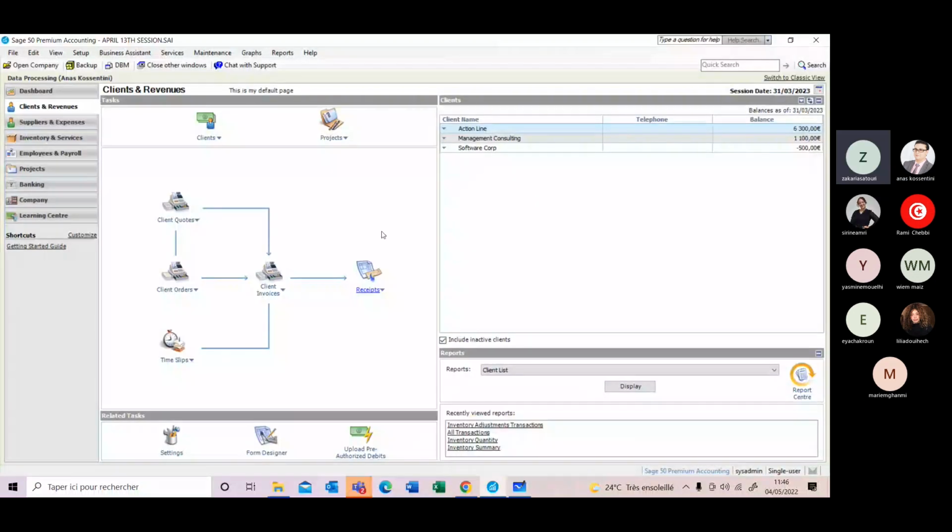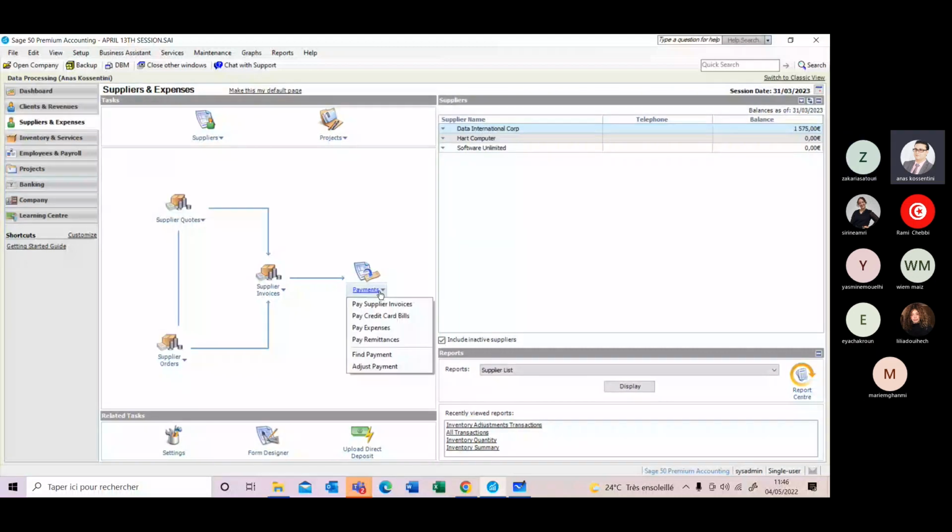We go to suppliers and expenses, and then we go to payments. That's correct. In payments, there are multiple choices. We can choose, for example, pay expenses. That is correct. There is remittances, but actually I don't know what it means. That's right.